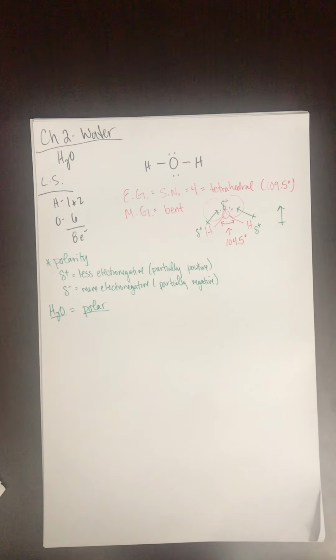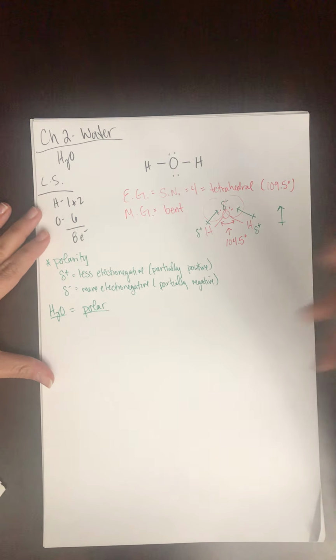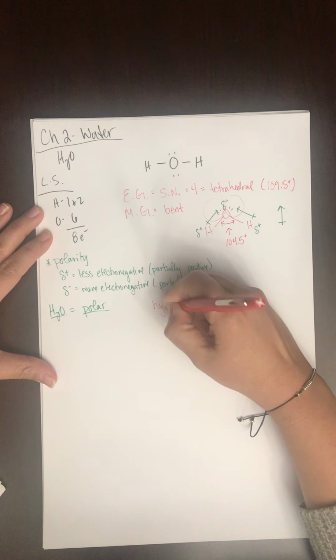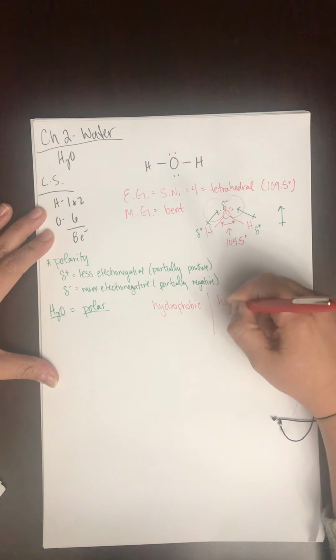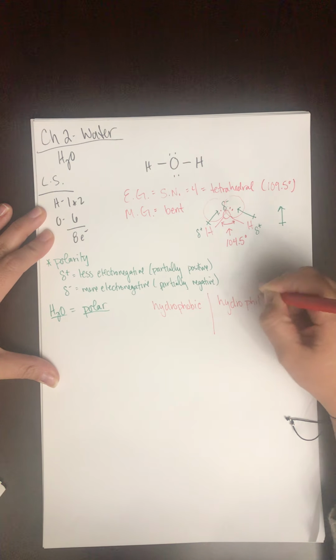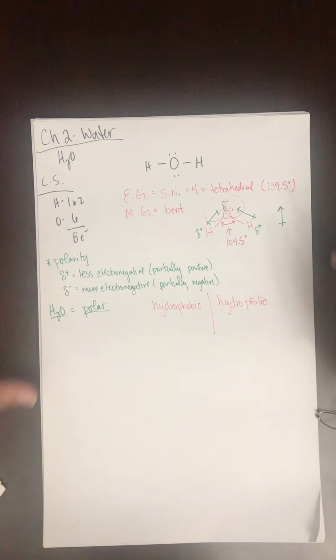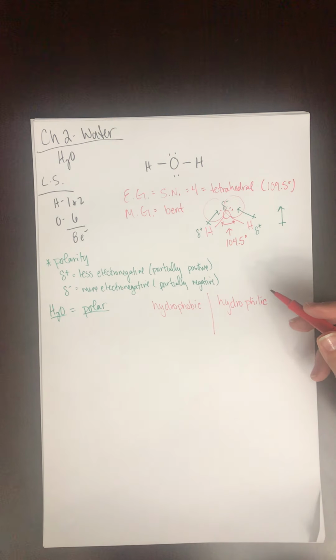Now we classify pretty much every molecule or chemical into two categories. It can either be hydrophobic or hydrophilic. And again, like most things in science, the name tells you the definition of the term.